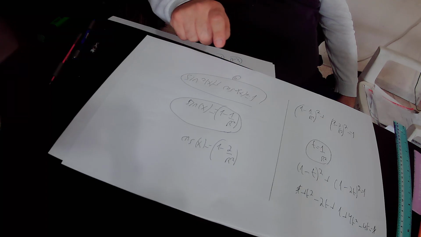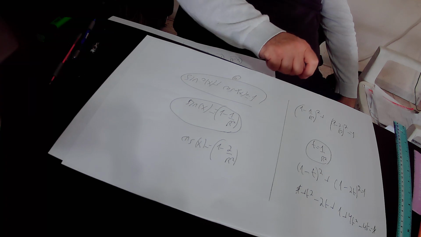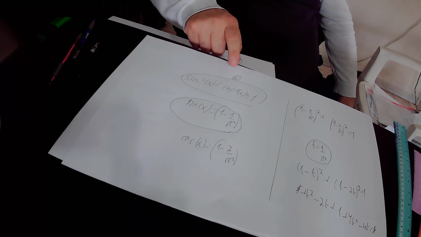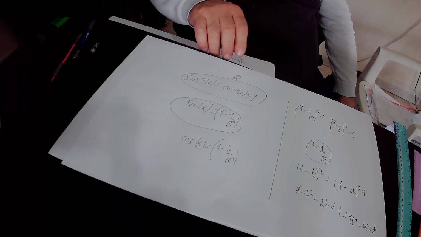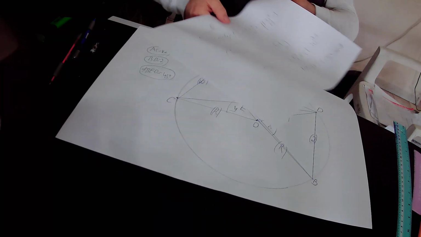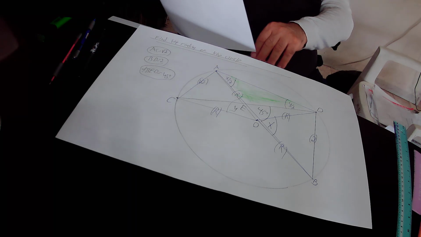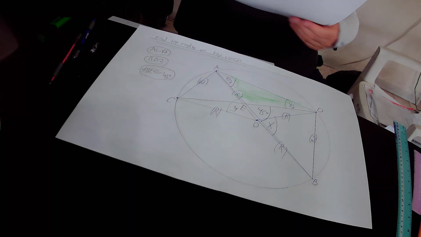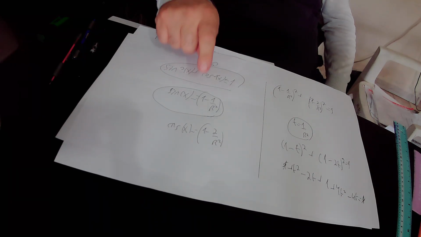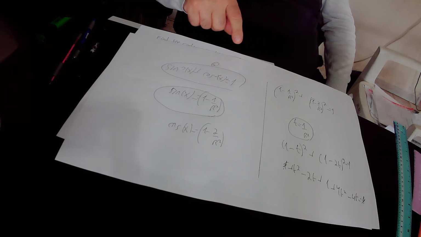Therefore cosine squared x will be (1 minus 2 over r squared) squared, and the sum equals 1 according to this trigonometric identity. Repeat again, we substitute cosine x by 1 minus 2 over r squared.